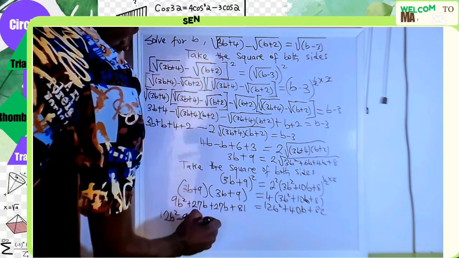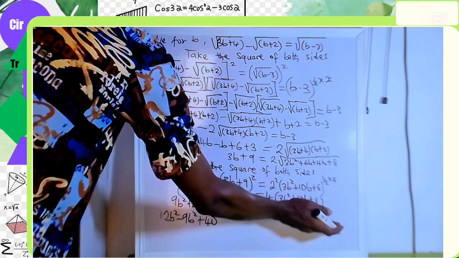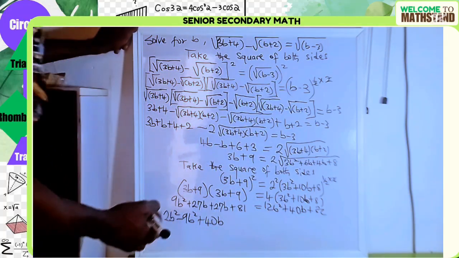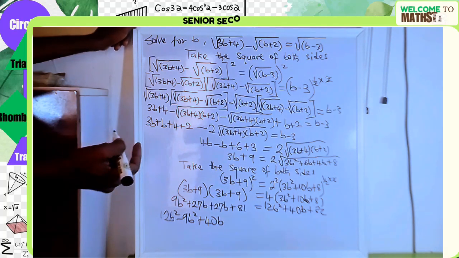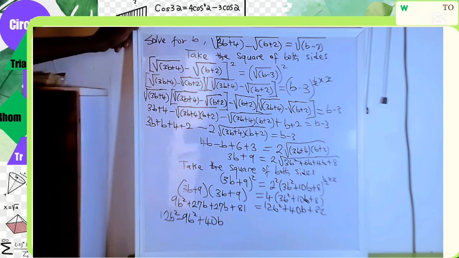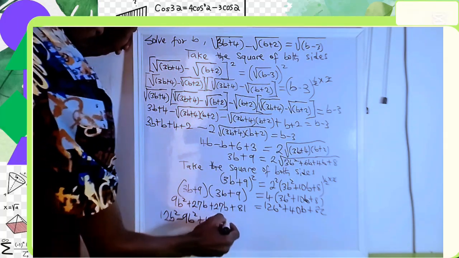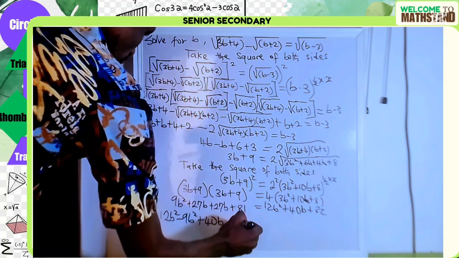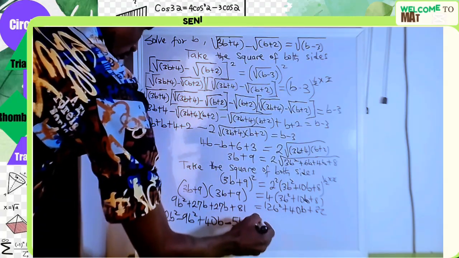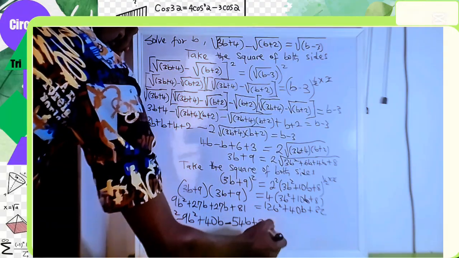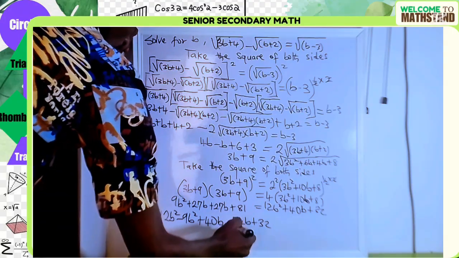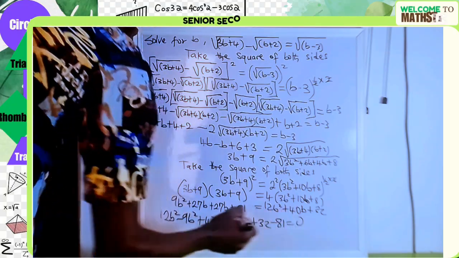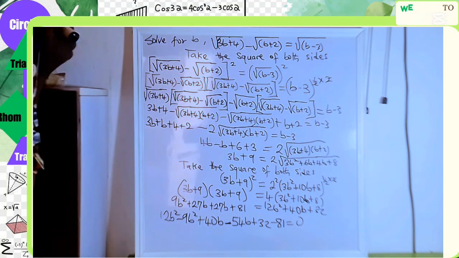Now here is 40b plus 27b plus 27b, that will give us minus 54b. Then the other side is 32. Then take the 81 to the other side. We have minus 81 equals to 0.